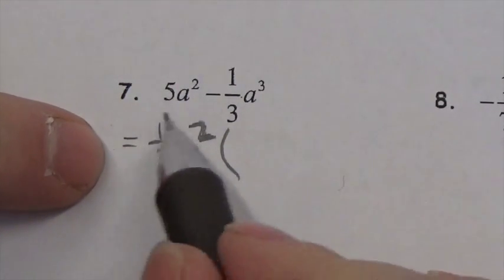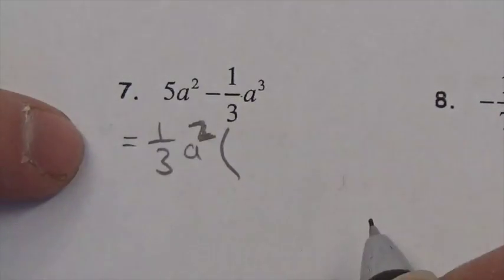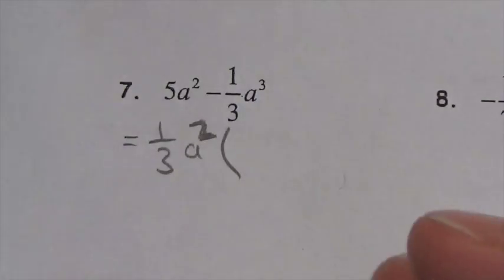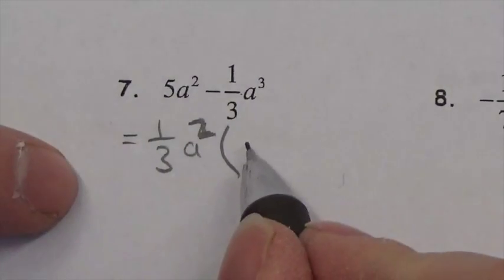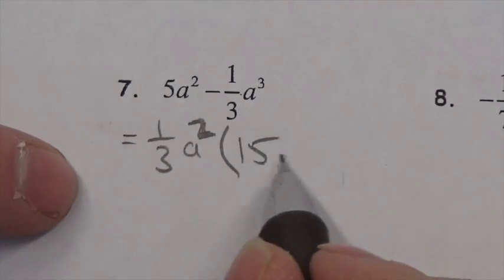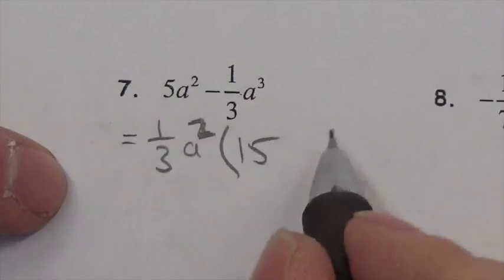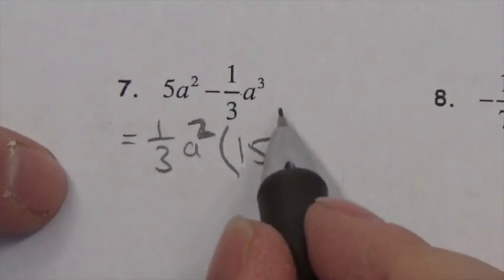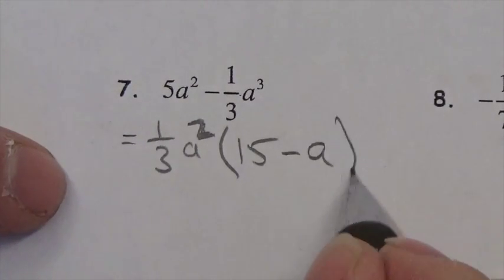I have to factor out the 1/3, and we've done almost exactly this example earlier. 5 divided by 1/3, not divided in thirds, divided by a third, is going to be 15. And then a squared divided by a squared is just going to be 1, so I don't have to write it. I took out the 1/3, but I was left with a negative 1. And then the a cubed divided by a squared is simply going to be a.